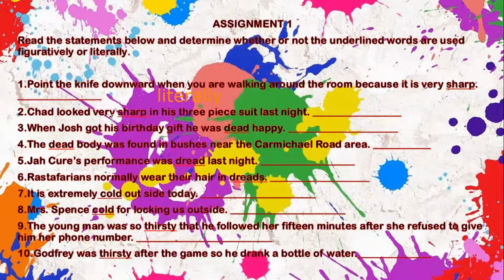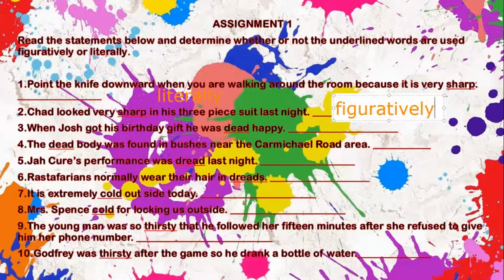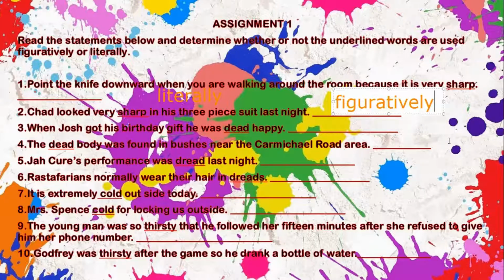Sharp in this particular context does not mean pointy. Sharp takes on a completely different meaning. One could mean he looked very handsome or well-groomed. So when that happens, we say that the word is used figuratively. So I'm just showing you the different ways our root words can be used within the English language.